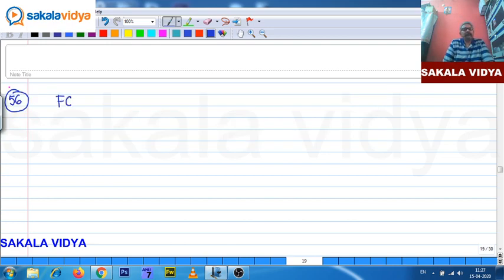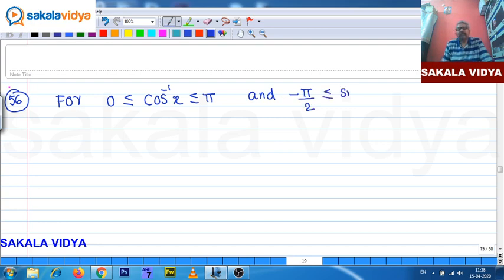For 0 less than or equal to cos inverse x less than or equal to pi and minus pi by 2 less than or equal to sine inverse x less than or equal to pi by 2.